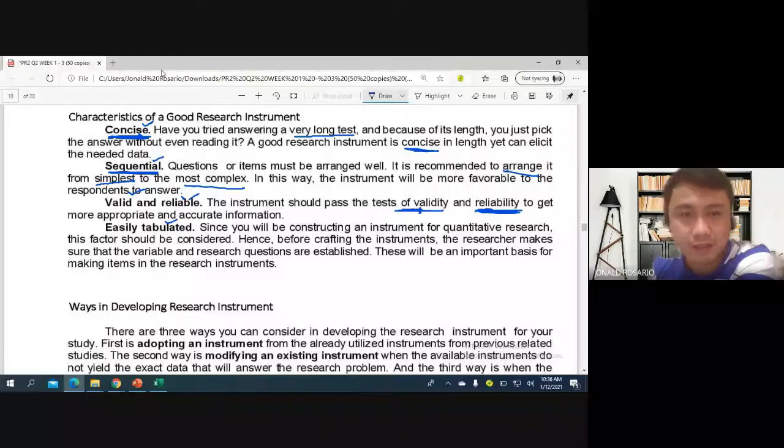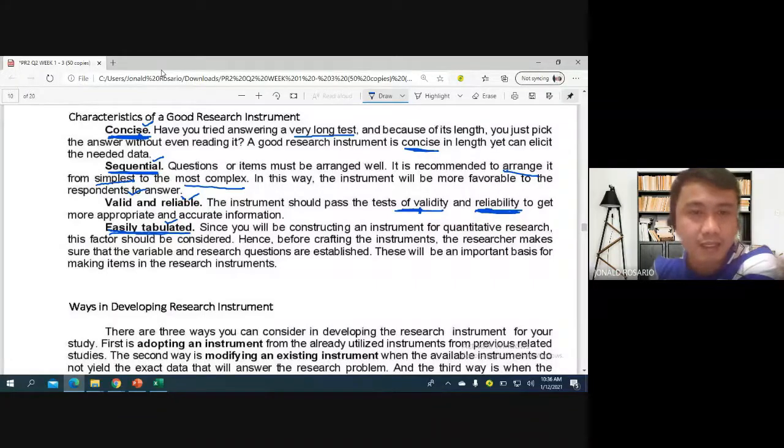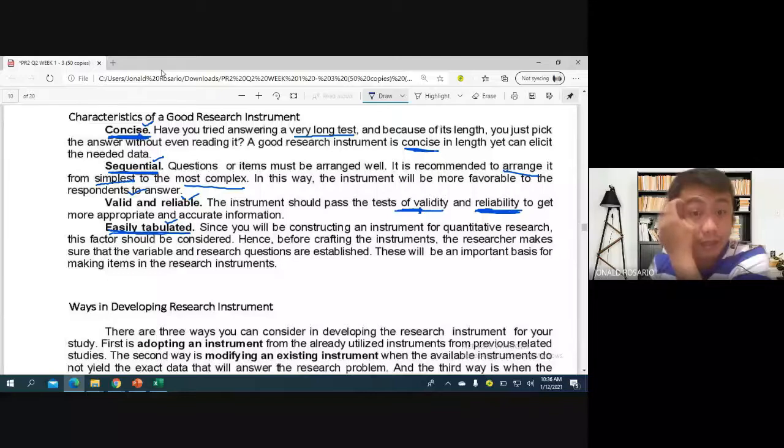That's reliable. Okay, easily tabulated. Yung mga data na makukuha natin doon sa ating instrument ay madaling ma-tabulate o mailagay sa isang table. So, don't worry. Sa data analysis natin, ituturo ko sa inyo kung paano mag-tabulate ng data.